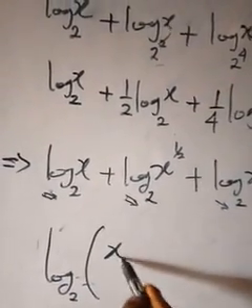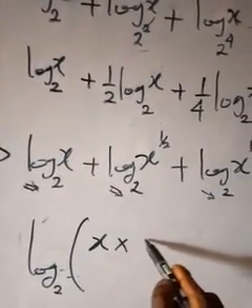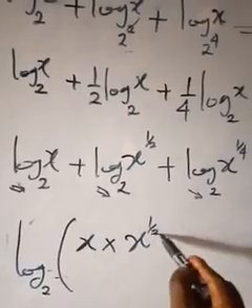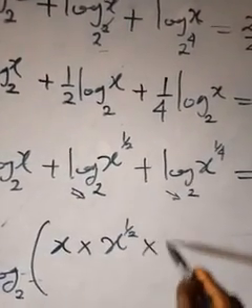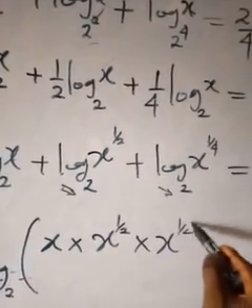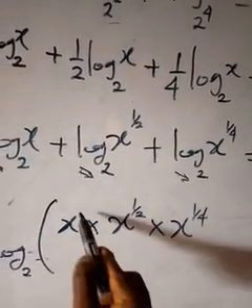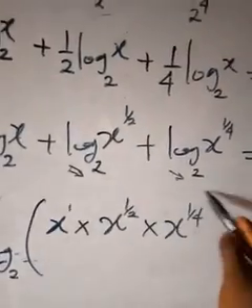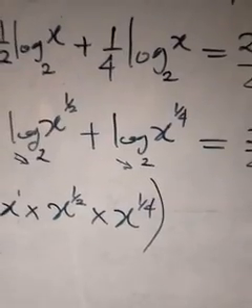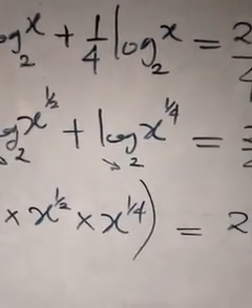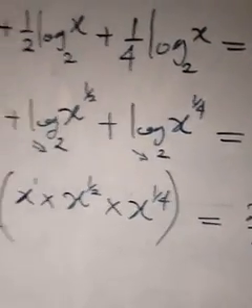That will be x multiplied by x raised to the power 1 over 2 multiplied by x raised to the power 1 over 4. 1 is here, don't forget. Close the bracket and equate it to 21 over 4.